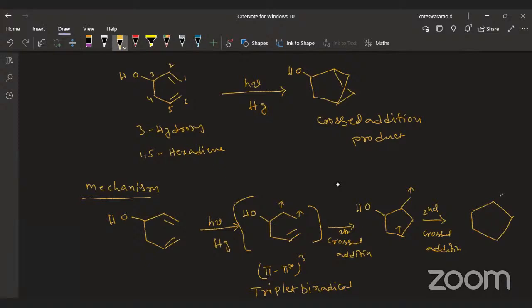In the next bond, this electron, this electron, is the cross-reduction product. In both cases, this is a triplet biradical, and this is also a biradical transition state.